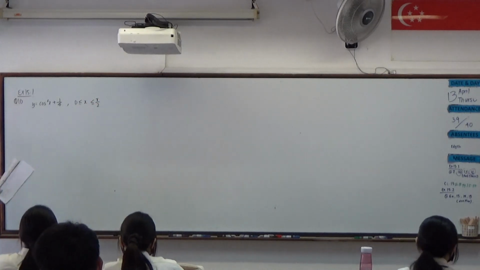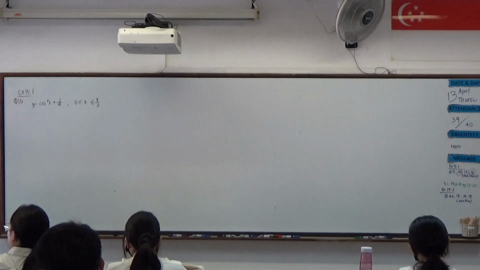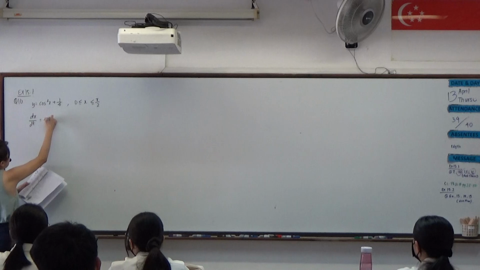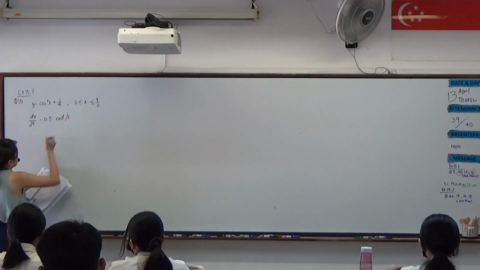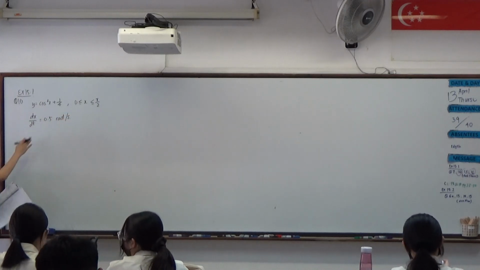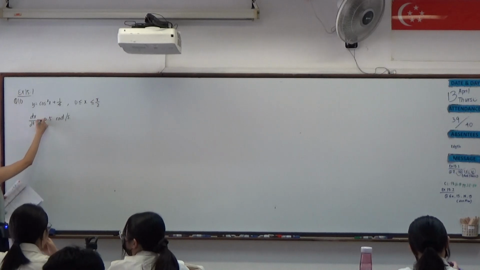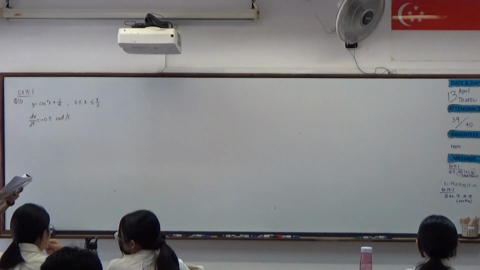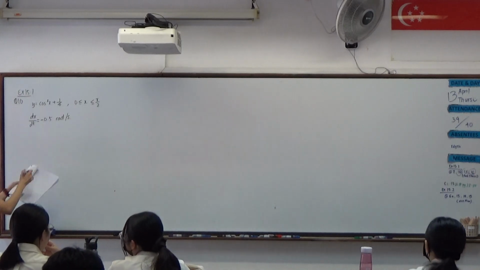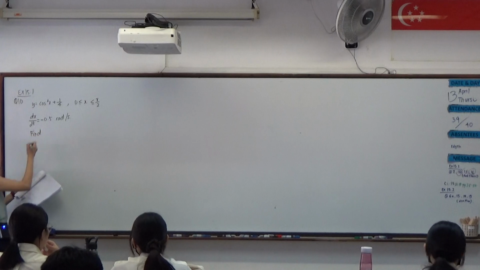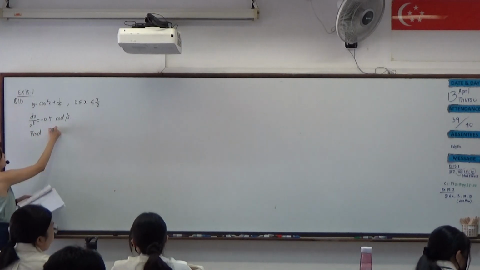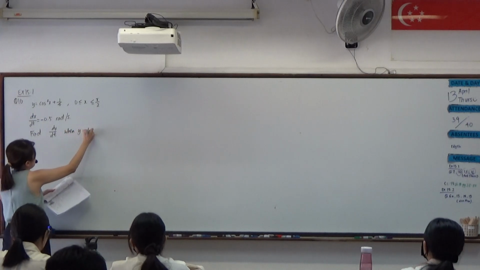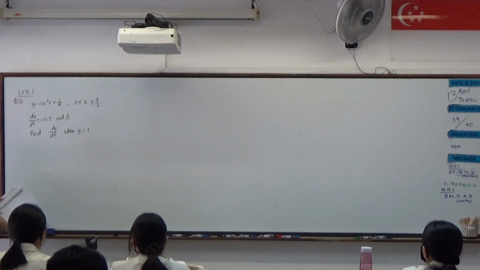You are also given the information that x is decreasing at a rate of 0.5 radians per second, but because it is decreasing, we need to realize that it is a negative 0.5. So I want us to take note of that, and we want to find the rate of change of y, that means dy over dt, at a specific y value that is equal to 1.